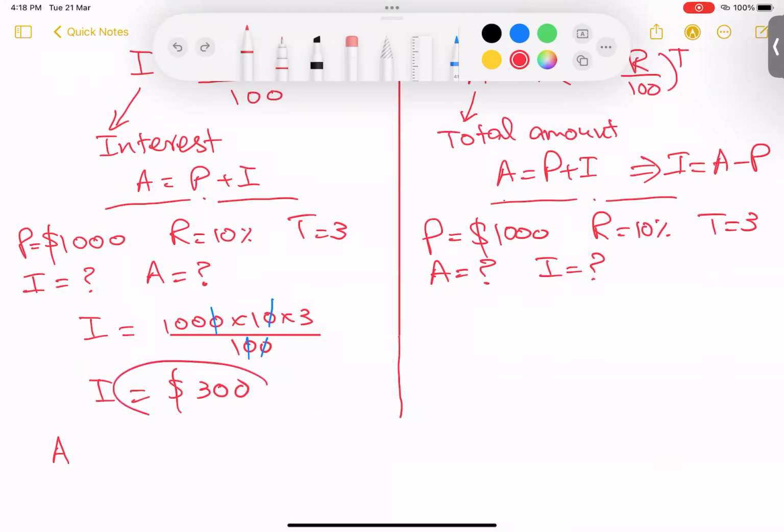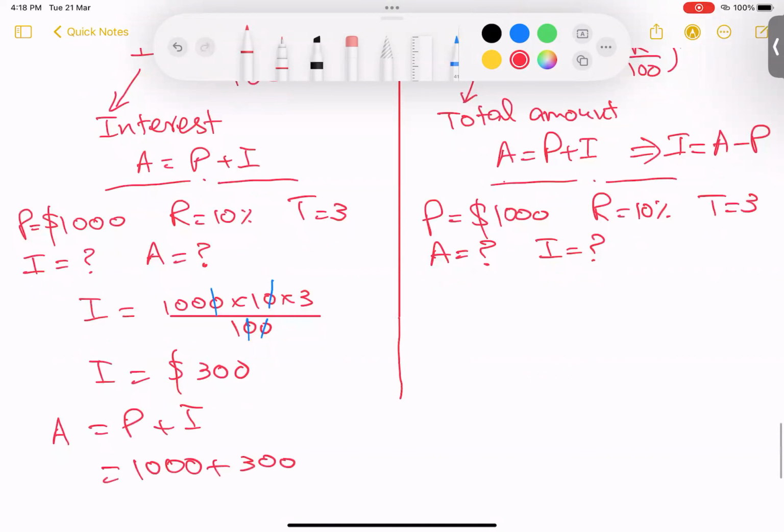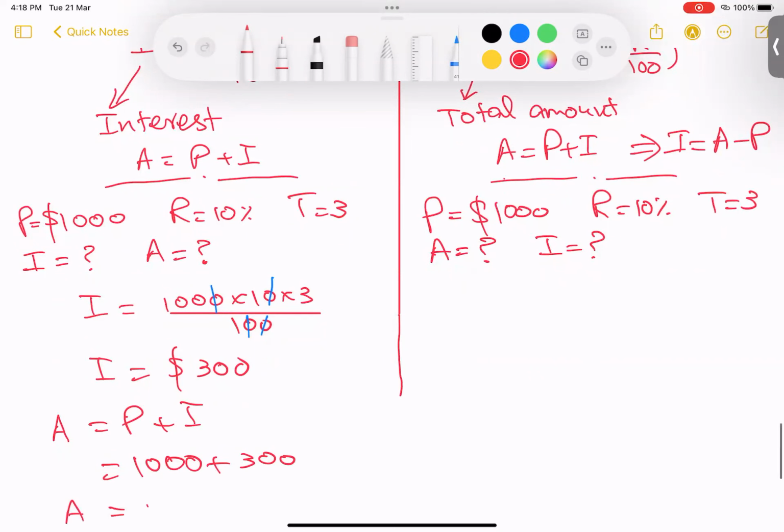No, sir, this is the profit. Where is my own money? Your own money is P. So the formula is A equals P plus I. P is your own money, and 300 is the profit you got on it. So the total money you will get after 3 years is $1,300.